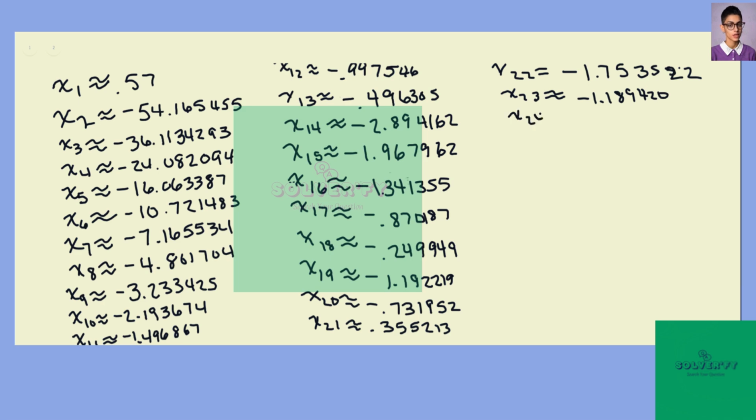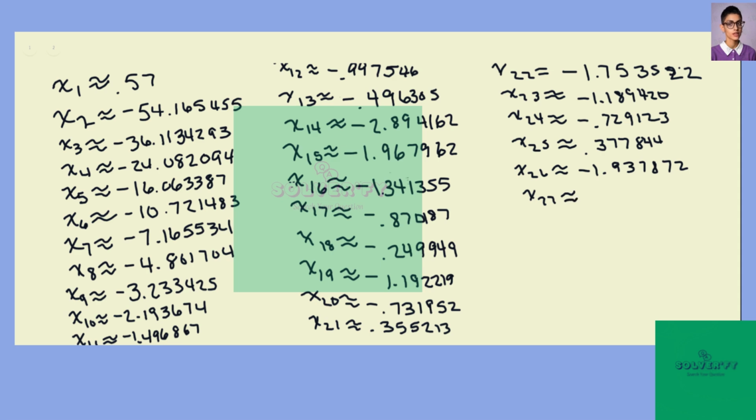X sub 24 is negative 0.729123. X sub 25, 0.377844. X sub 26, negative 1.937872.